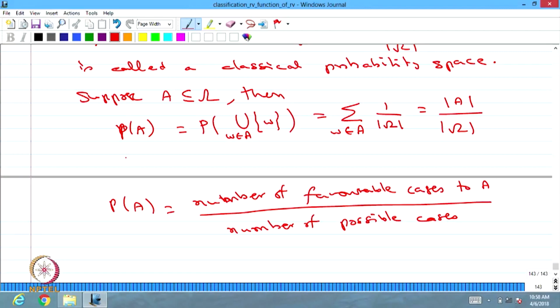So this is the classical probability, with the assumption that omega is finite, the sigma field is the largest sigma field, the power set, and the outcomes are equiprobable. That means P of each possible outcome is the same as 1 divided by cardinality of omega. So this is called the classical probability space.